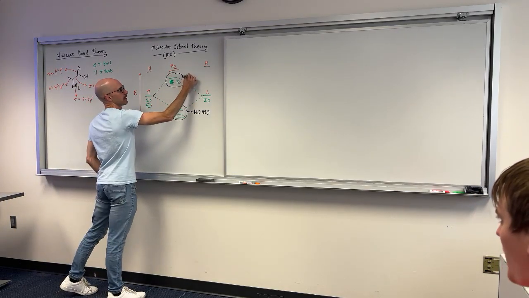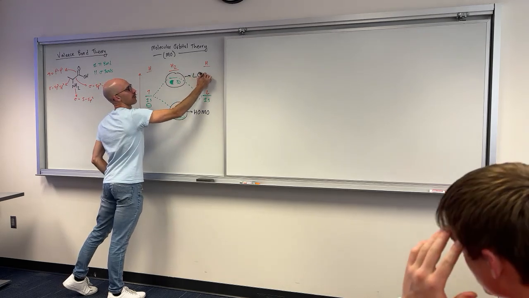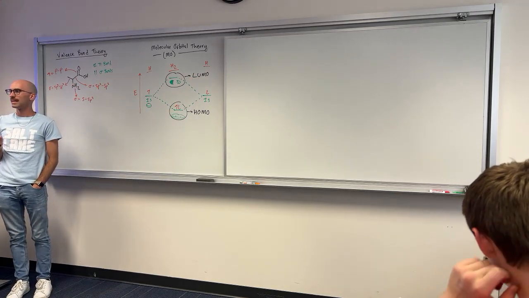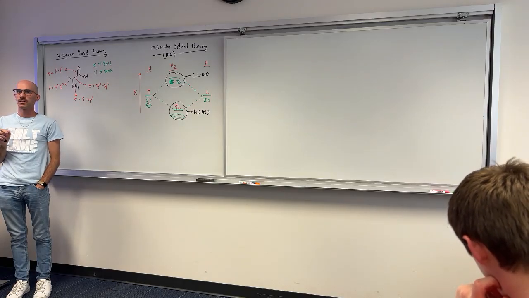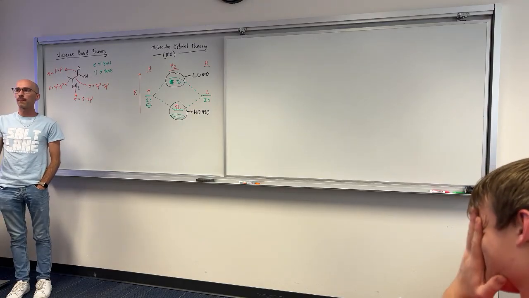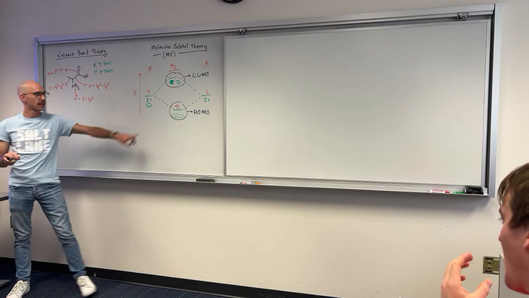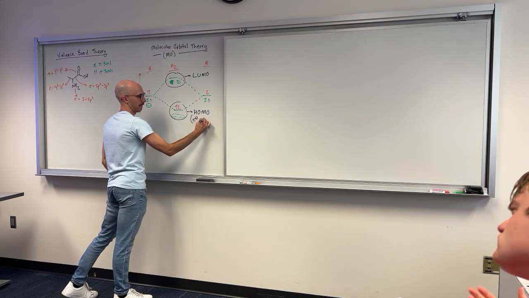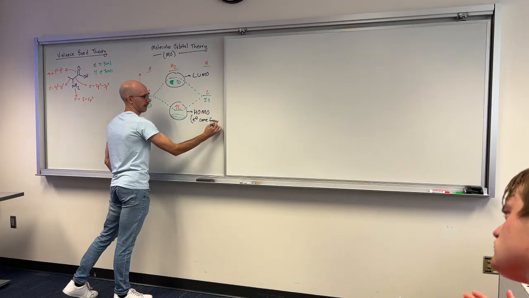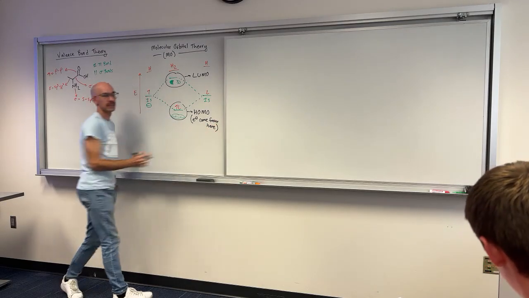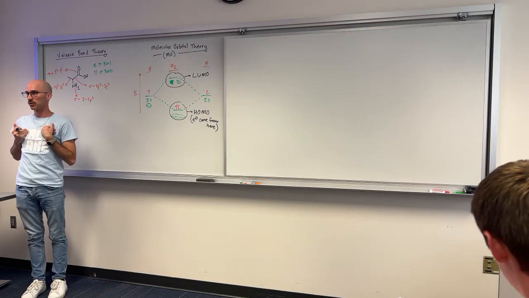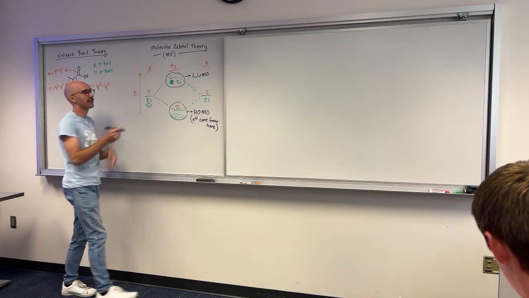And this is the lowest unoccupied molecular orbital, the LUMO. If electrons will be used from this molecule, they will come from the HOMO. If electrons will be accepted by the molecule, they will go into the LUMO.